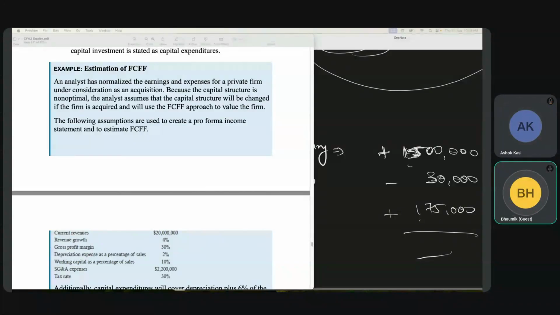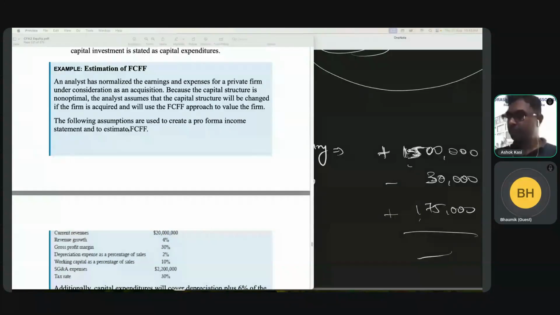An analyst has normalized the earnings and expenses for a private firm under consideration as an acquisition. Because the capital structure is non-optimal, the analyst assumes that the capital structure will be changed if the firm is acquired, and will use the free cash flow approach to value the firm. The following assumptions are used to create a pro forma income statement and to estimate FCFF.